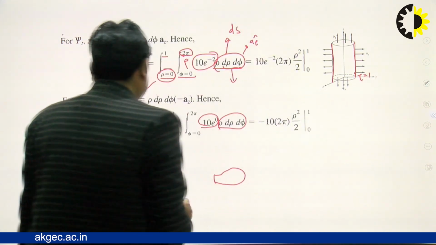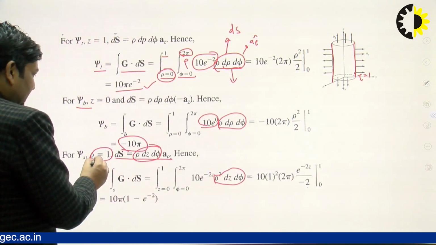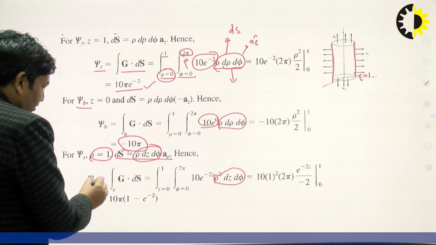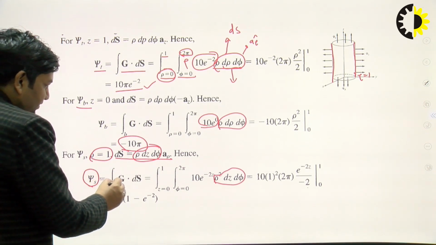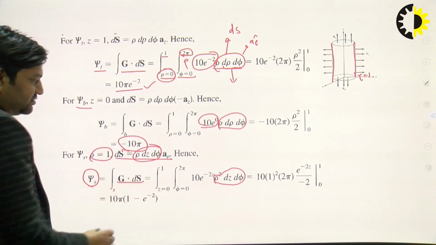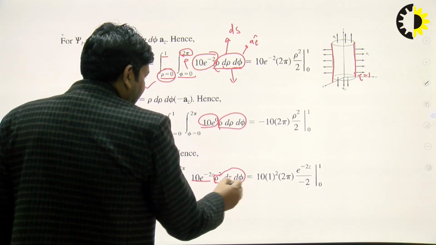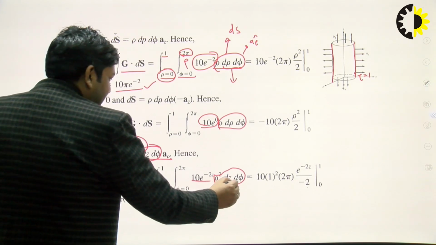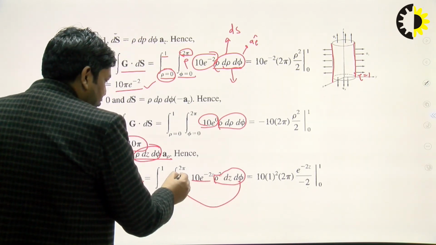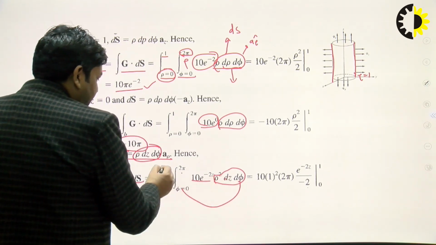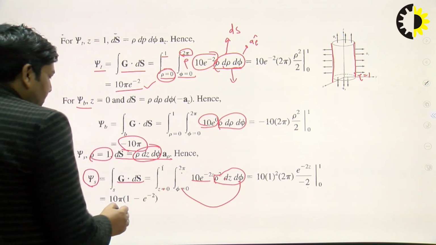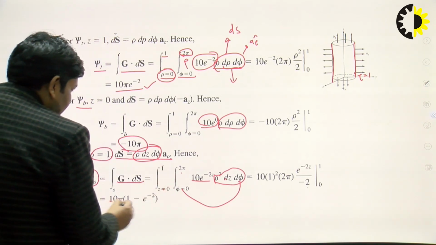So we put rho equal to 1 here, and we calculate the side flux by G dot dS. We put G here and dS here, and apply the limits phi from 0 to 2 pi and z from 0 to 1. So we easily calculate the side flux.